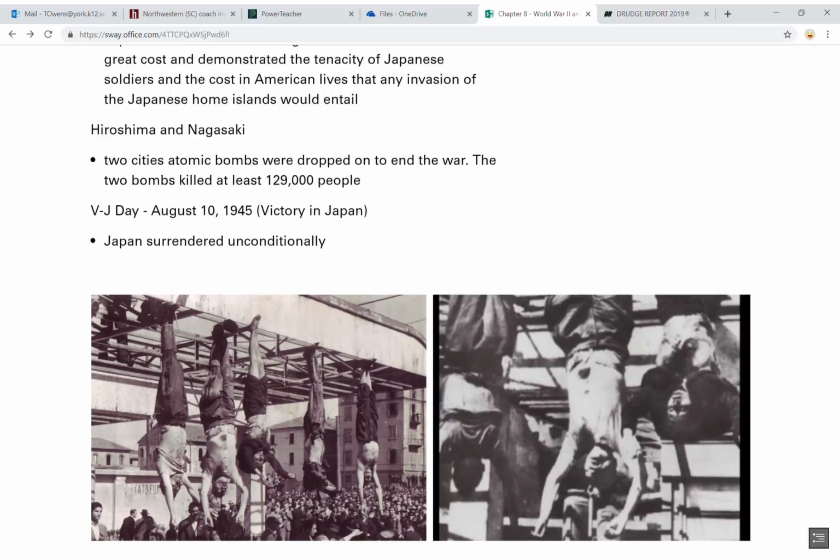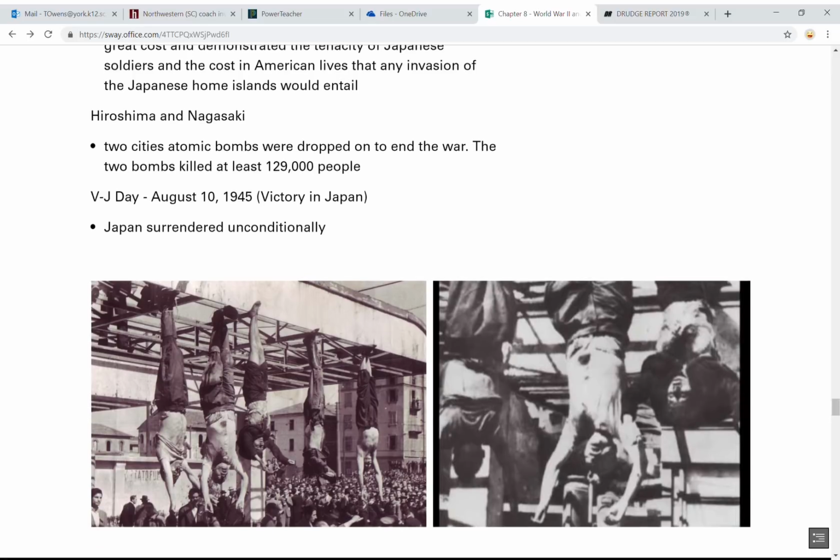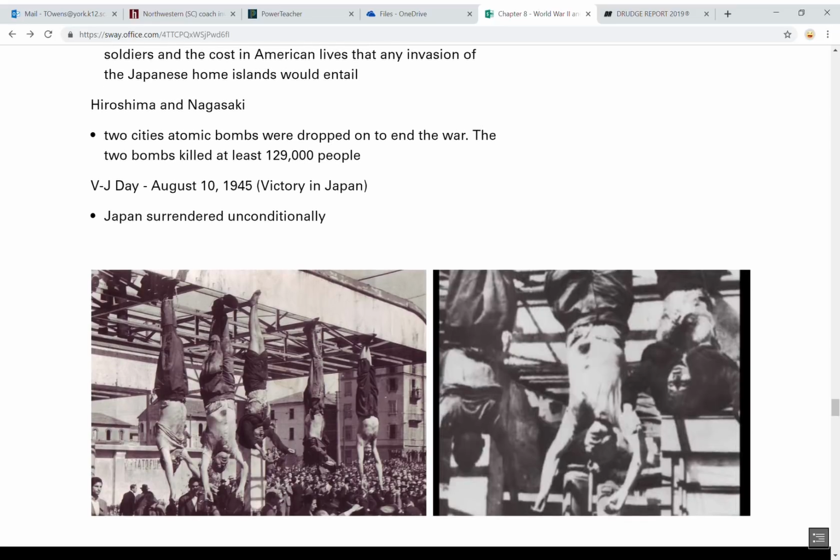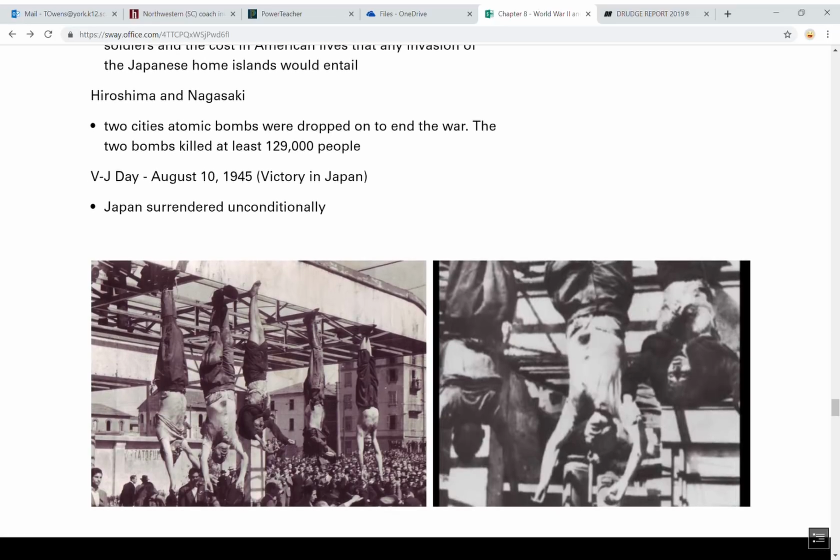And again, you can look and see 129,000 people here overall. And I'm just giving you a roundabout number, but it's a big deal. You've got all of these Japanese dead, and you have lost not one American soldier.